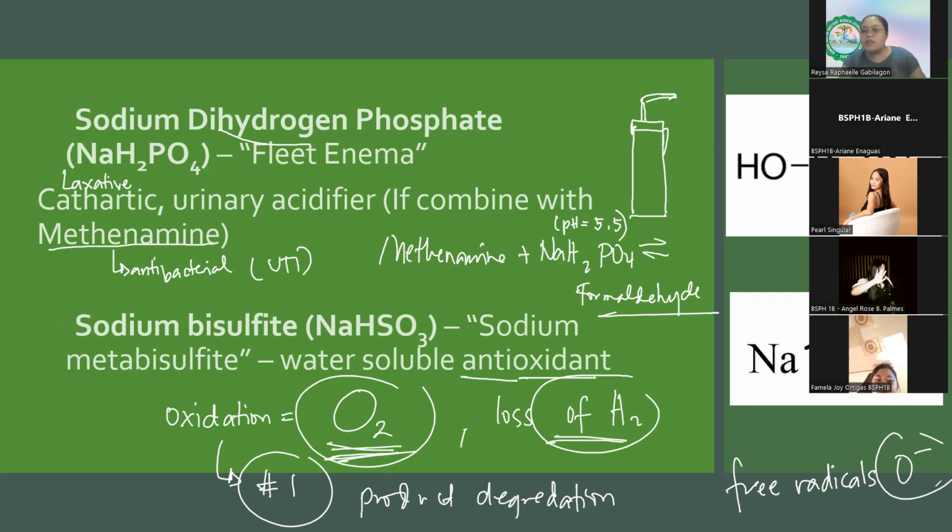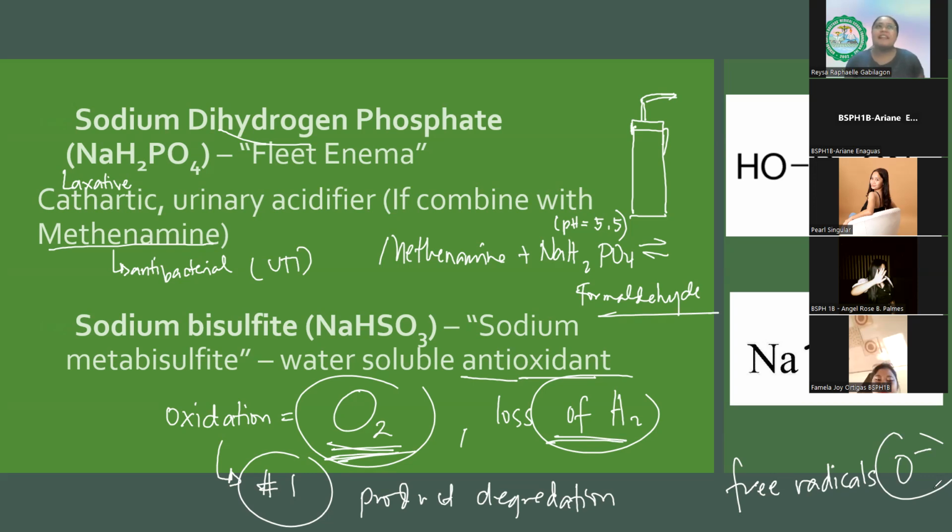Tapos pag ma-oxidize siya maging O negative, magre-release siya ng product na example O-1, it's a free radical, and then this free radical can actually cause a lot of conditions. So that is the reason why vitamin C is an antioxidant, and we use that to boost our immune system. Okay? Para hindi tayo basta-bastang nagkakasakit.